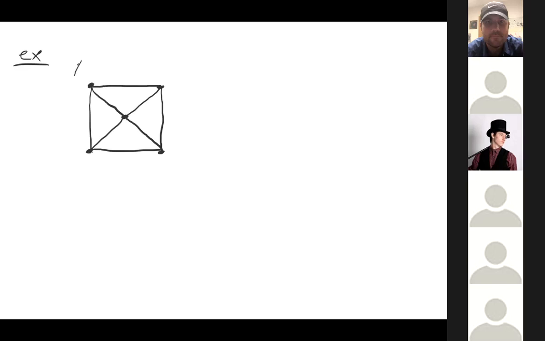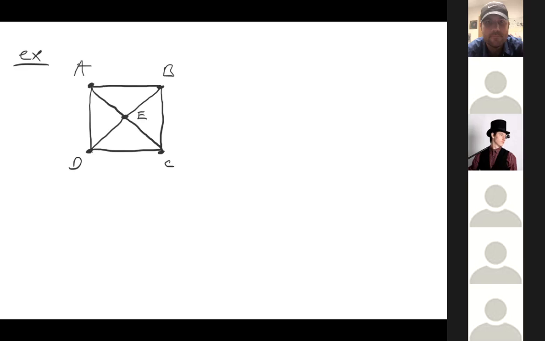If I've got A, B, C, D, and E, and I want to find a Hamilton path for this, the idea is I want to hit every vertex once.